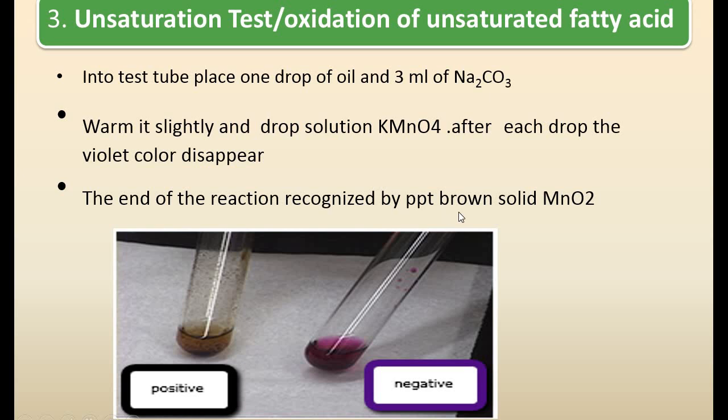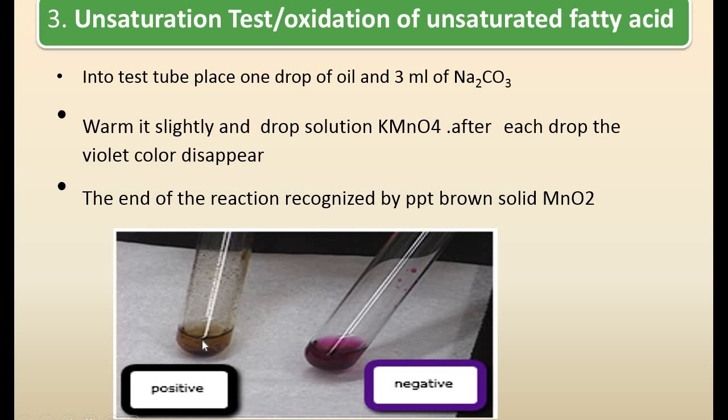precipitation of brown solid manganese dioxide. So this is the difference in the color. When there is a presence of KMnO4 solution, then there is a purple violet color in the test tube.